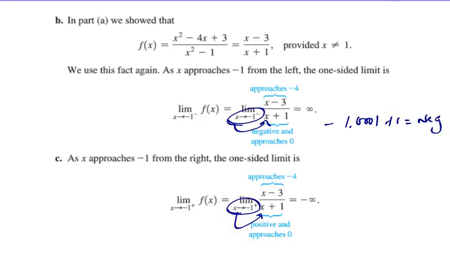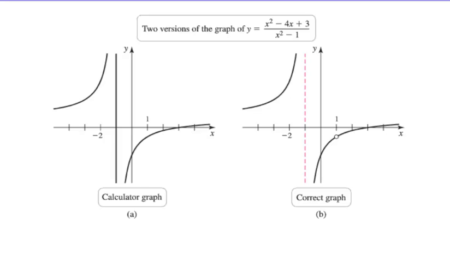Down here, you're thinking of a number as x approaches negative 1 from the right, like negative 0.9999 plus 1, which would be a positive number. Again, here's that hole, the removable in the function, and the only vertical asymptote we had was at x equals negative 1.